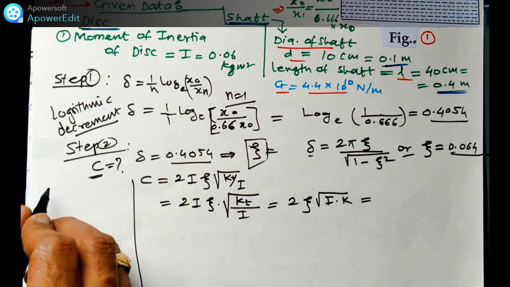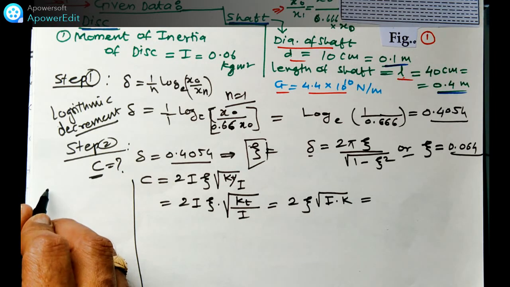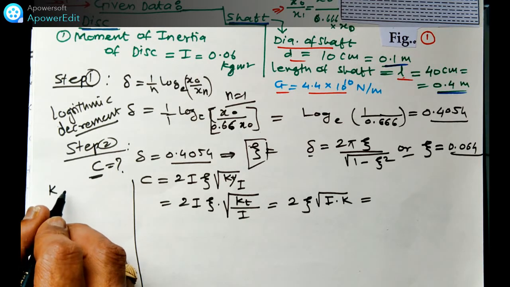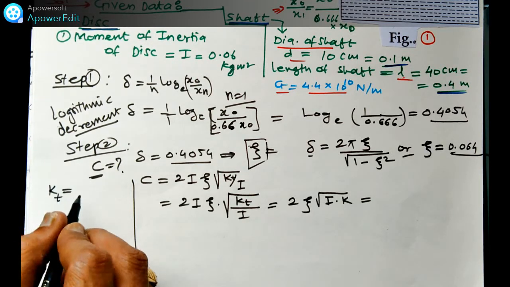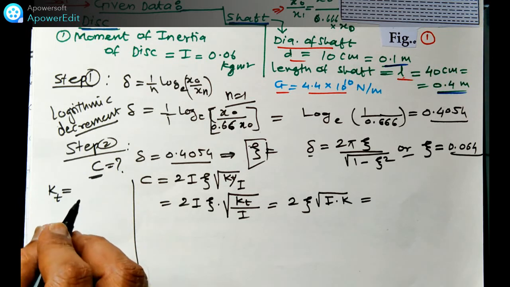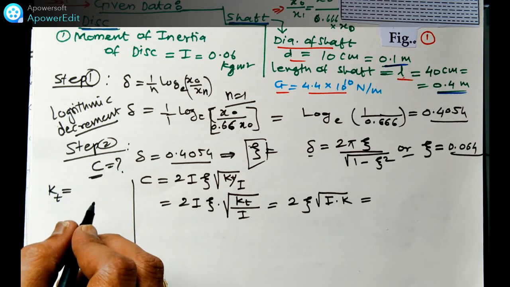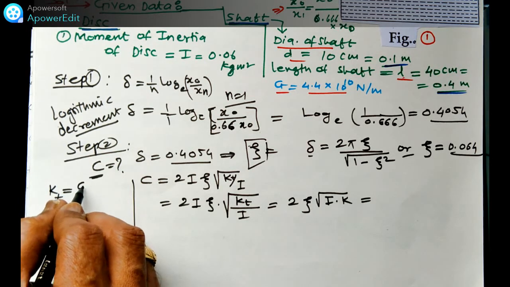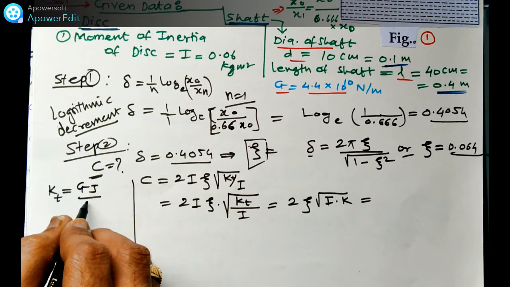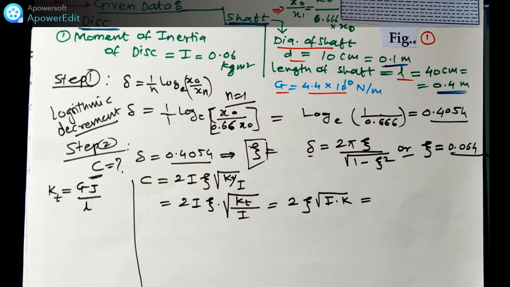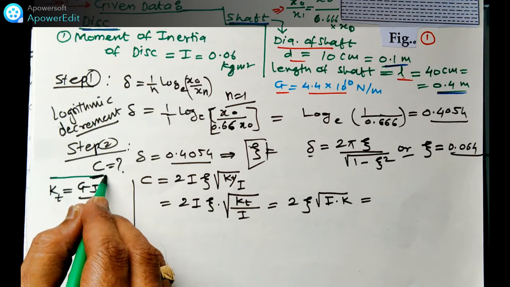It's KT, not k, for the torsional vibration torque. KT is equal to GJ by L. So this is the formula for KT.